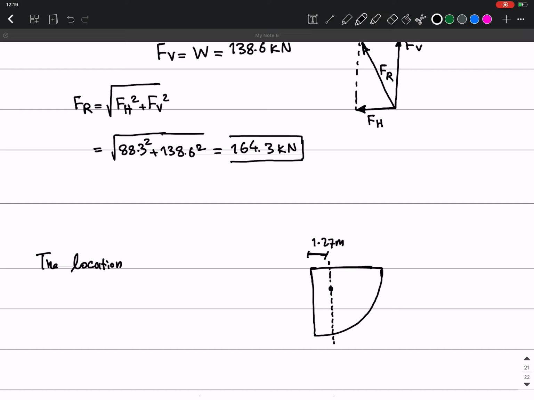And then we also have the other horizontal force, which acts at 2 meters from top or 1 meter from bottom. So this is going to be 1 meter and this is 2 meters. We have a force that acts in this direction here and another one that acts in this direction. So the total force should act somewhere in between these two.